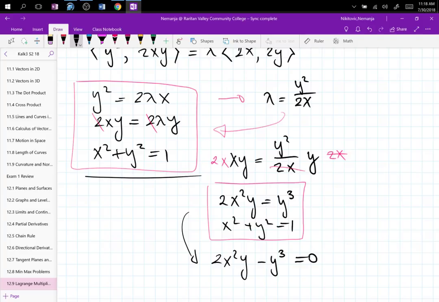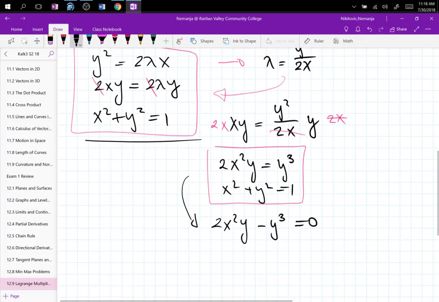And then you set each factor equal to 0. From here, you will actually get that y equals 0. It is the solution that you would lose if you canceled y's. And that is one of the dangers of these nonlinear systems and methods of solving.